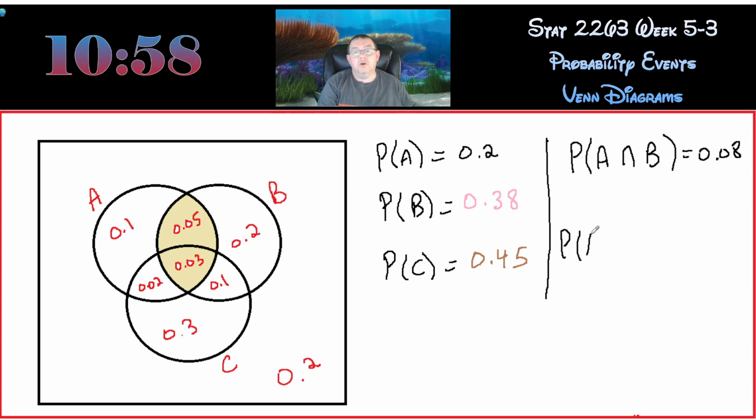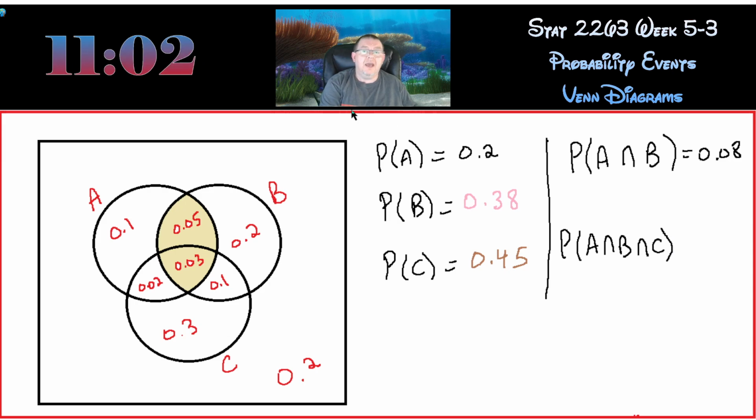We also could, for example, ask for the triple A intersect B intersect C. And that would be just this green area here, which would be 0.03. You see, that's the one area that's in A, in B, and in C. Personally, I think Venn diagrams make it so much easier than trying to struggle with a whole bunch of math formulas on this one.